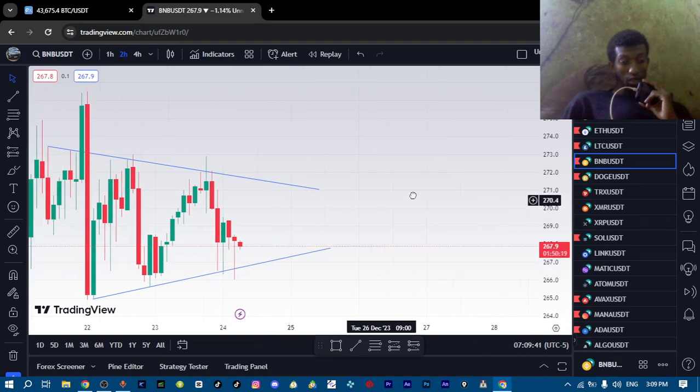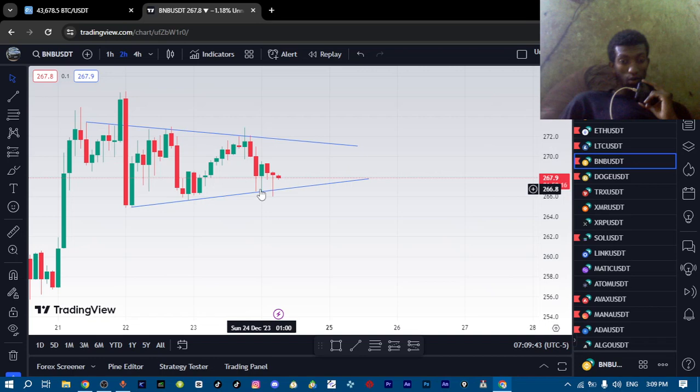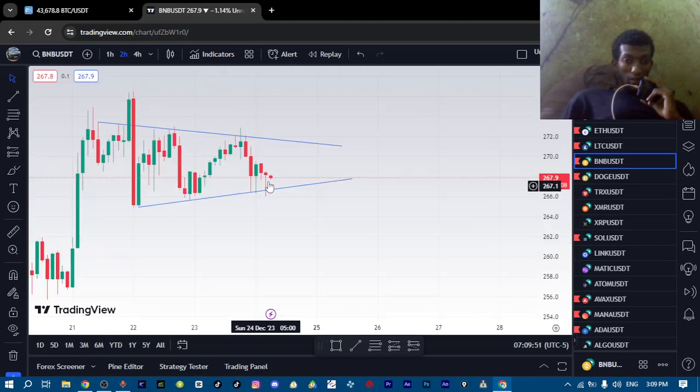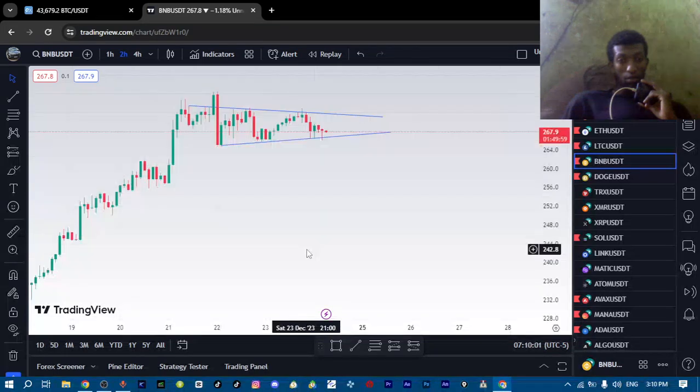It was formed 4 hours before now, and as you can see, we got a break to the downside, which means we are expecting the market to break down, okay.